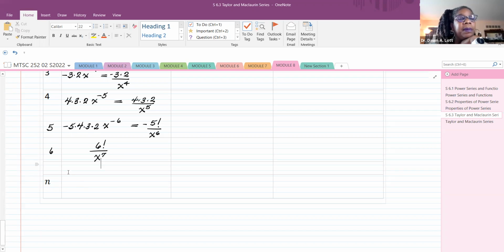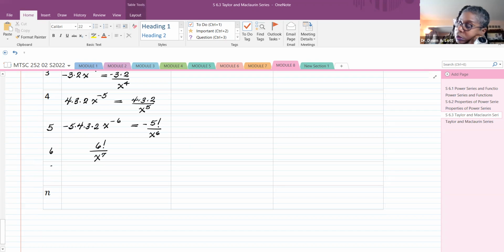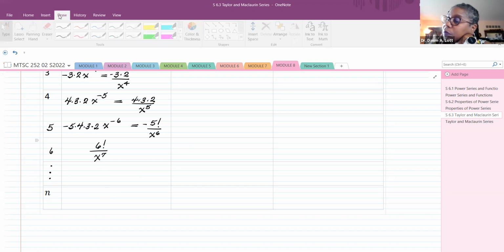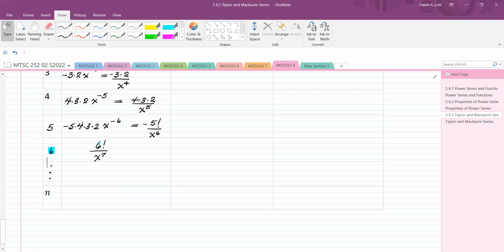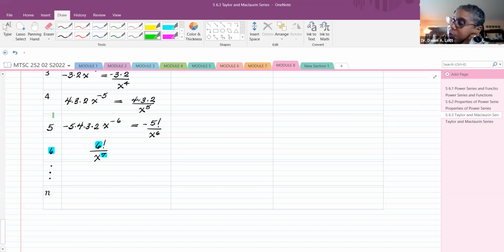Okay, so can anybody give me what they think is the nth formula for a general n? I have 6 factorial, 5 factorial.